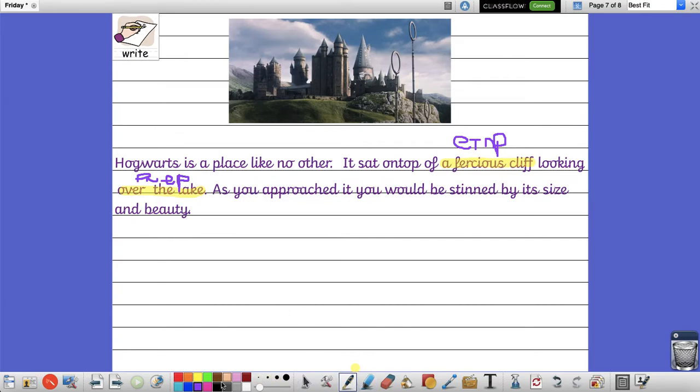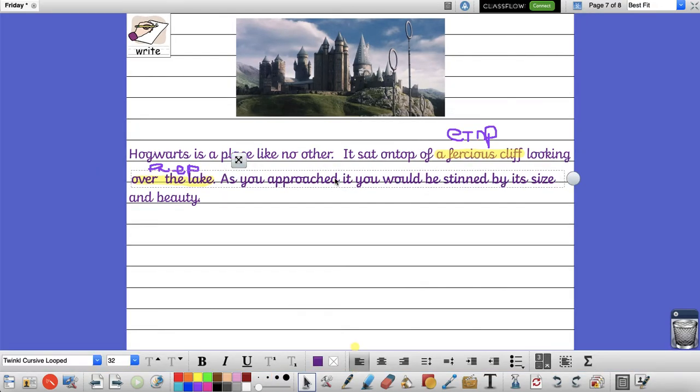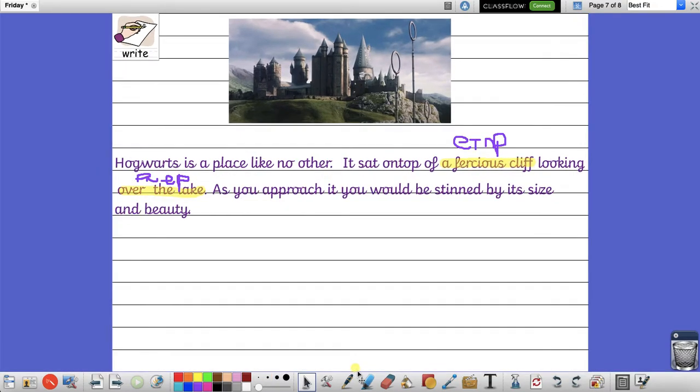But I'm also looking for, have I used other year 5 skills? So as you approach, let me just change that pen, sorry. That should say as you approach, not approached. Just change that mistake. So as you approach it, that is a subordinating conjunction.